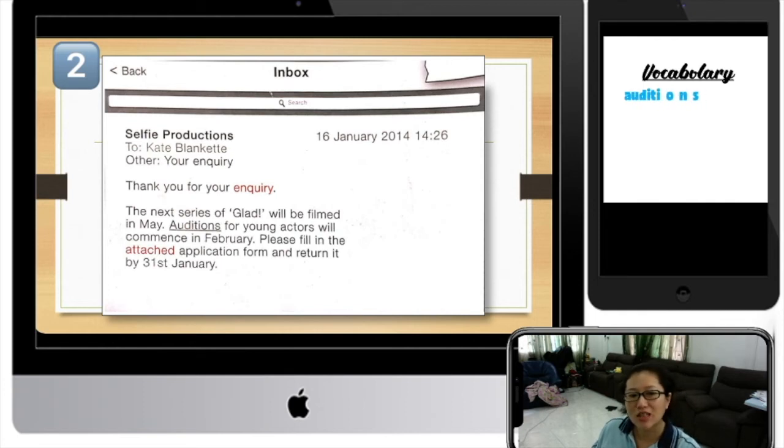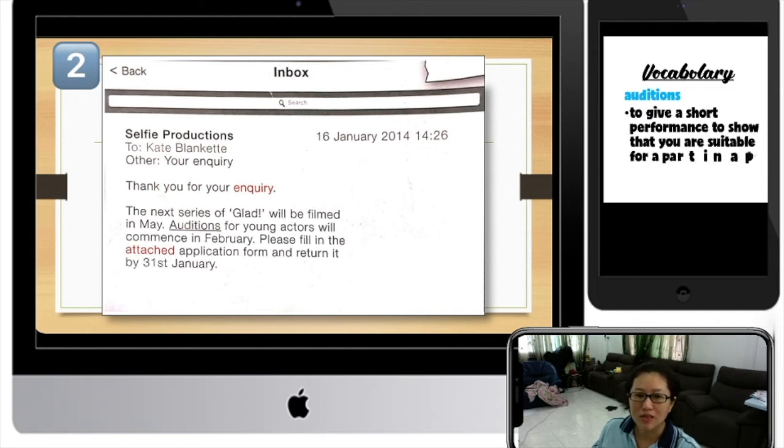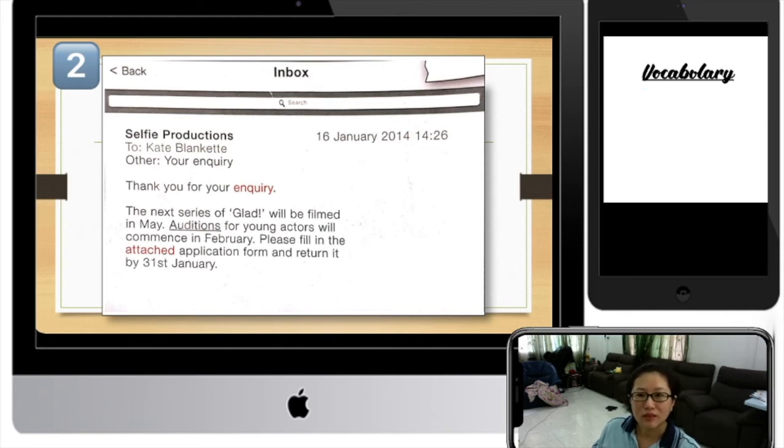The next word is auditions. Audition means to give a short performance to show that you are suitable for a part in a play or show. In BM, it is uji bakat. The next word is attached. Attached means join something to something else, or in bahasa, it is called dilampirkan.